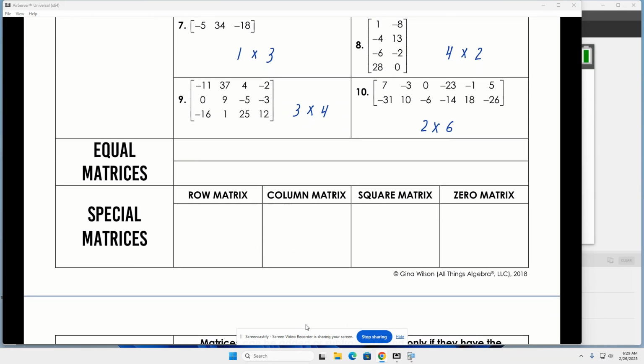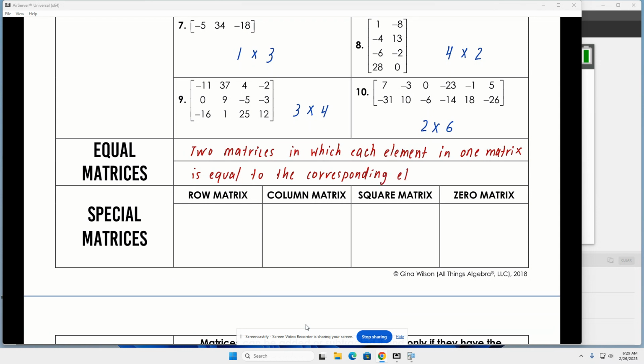So if we talk about equal matrices, they are 2 matrices in which each element in one matrix is equal to the corresponding element in another.